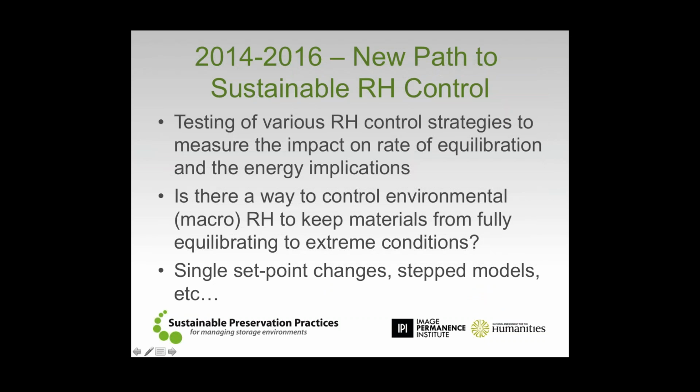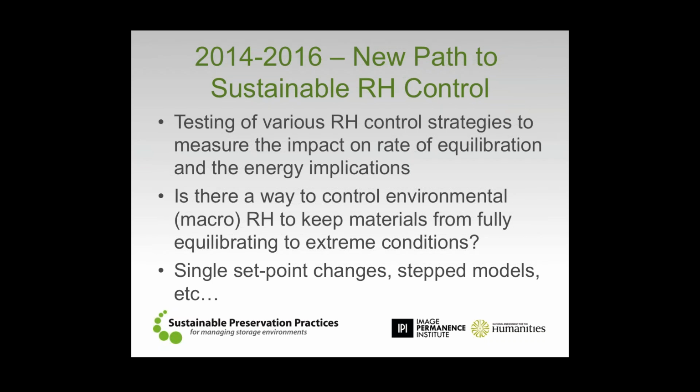That's the focus of the most recent research that we're working on between 2014 and 2016, which we've titled a new path to sustainable RH control. What we're doing here is taking what we've learned from the previous study and saying, we understand roughly what the rates of equilibration are going to be for these different types of materials and housing solutions.